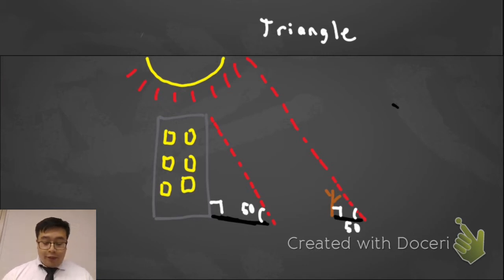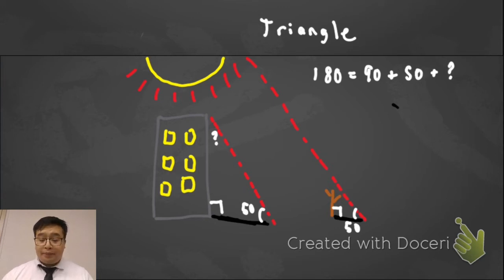So how can we figure out the third angle? First of all, what is the sum of all the angles in the triangle? We know that all the angles in the triangle add up to 180 degrees. Two of them are 90 degrees plus 50 degrees plus this top angle. Those three have to add up to 180. So what should this missing angle be?